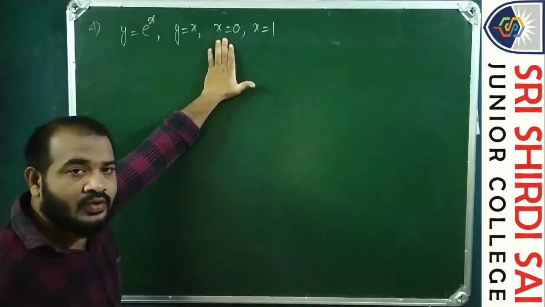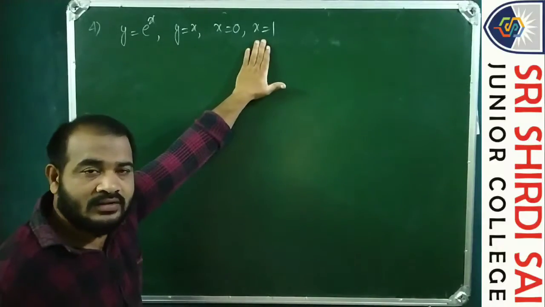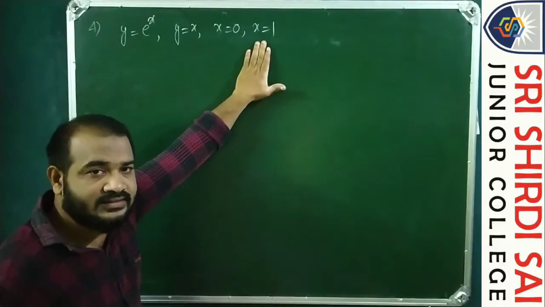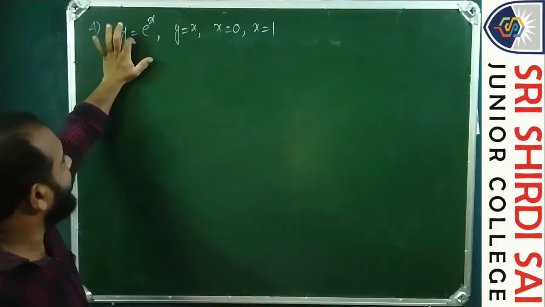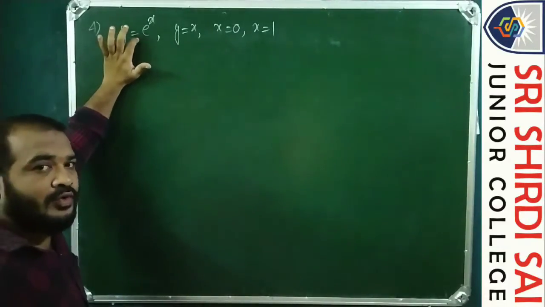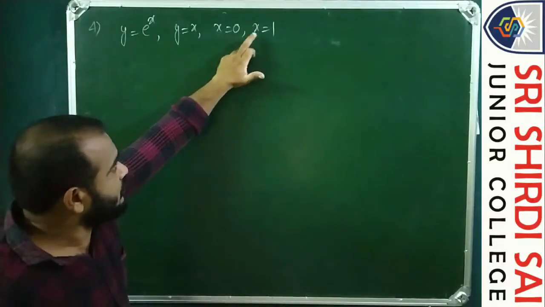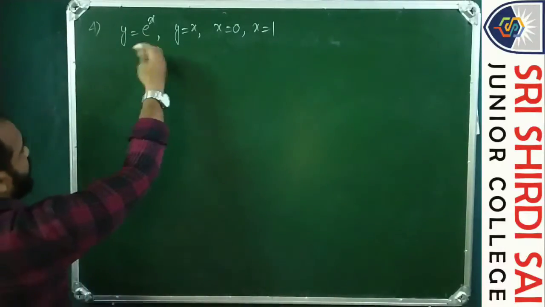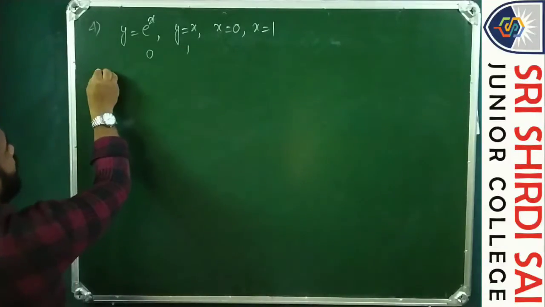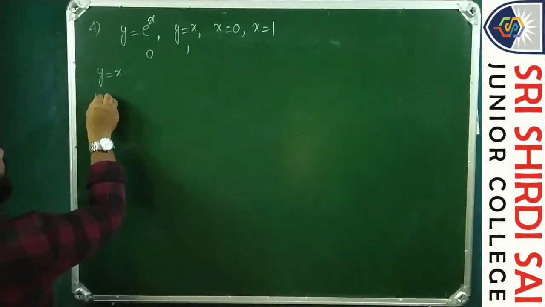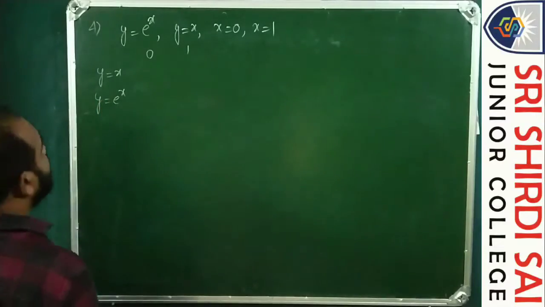X equals 0 is the y axis, x equals 1 is a line parallel to the y axis, a vertical line. But we don't know the behavior of y equals e power x, that's why let us take x equals 0, x equals 1 and substitute in that. So 0, 1. So y is equal to x curve, y is equal to e power x curve.